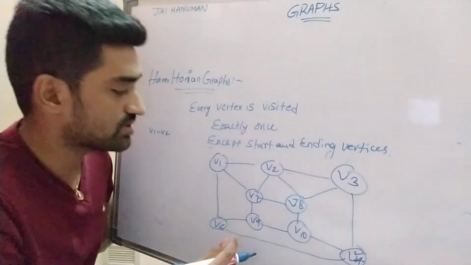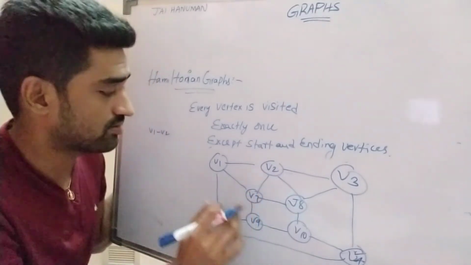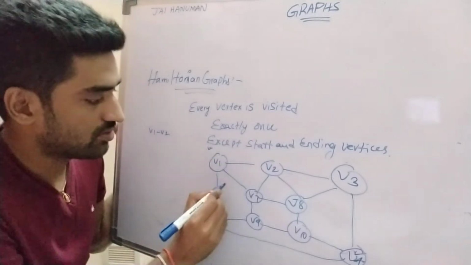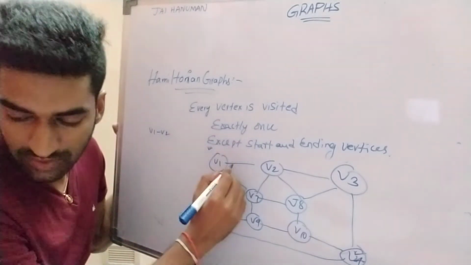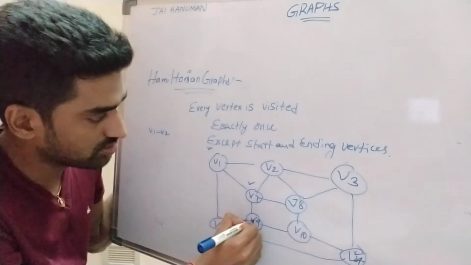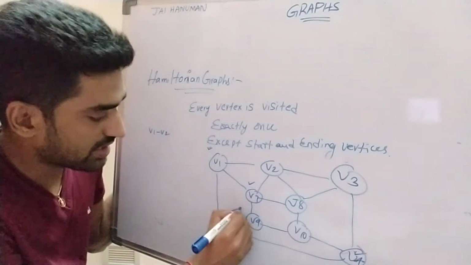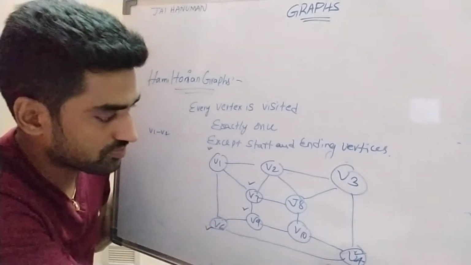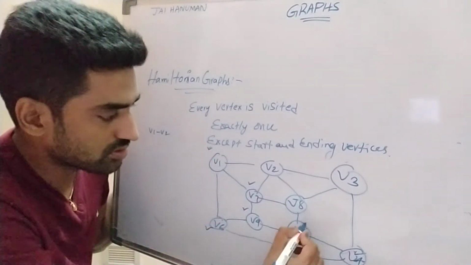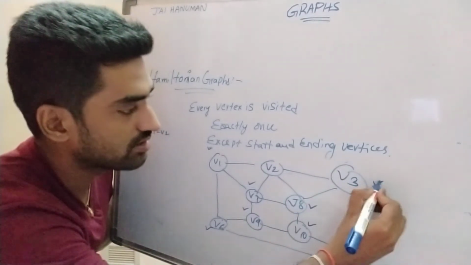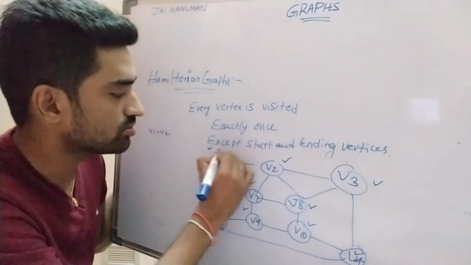To check whether the graph is Hamiltonian or not: V7 to V9, V9 to V6, V6 to V4, V4 to V10, V10 to V8, V8 to V3, V3 to V2, V2 to V1.